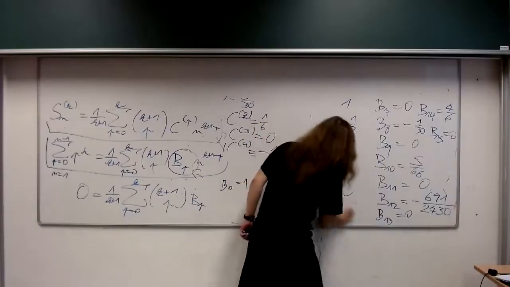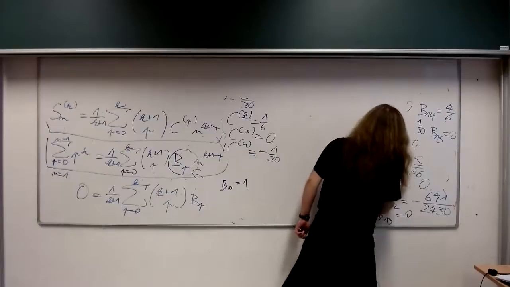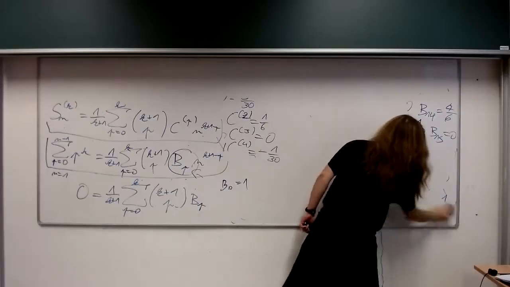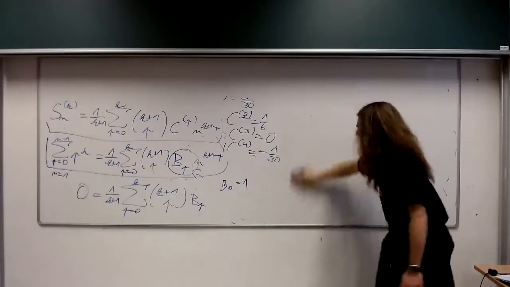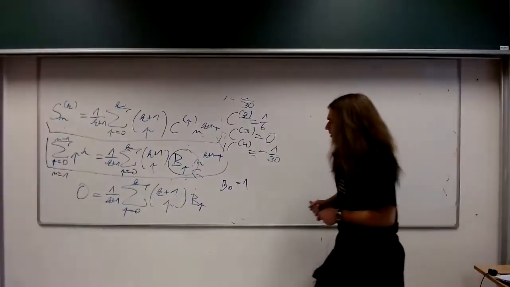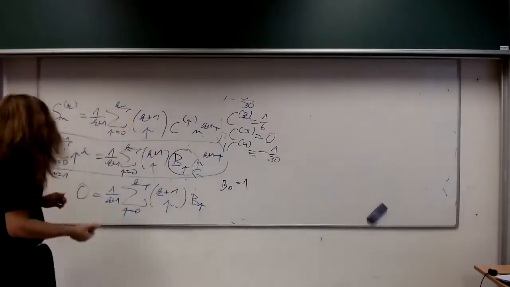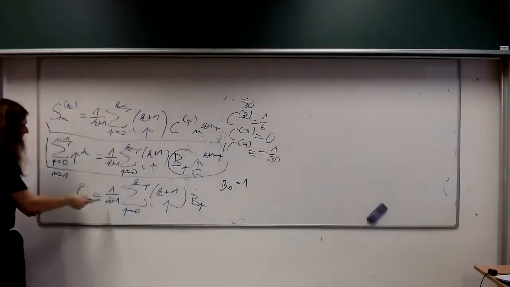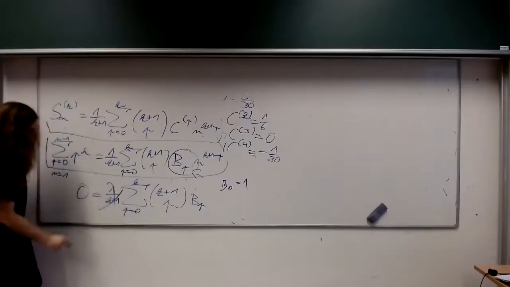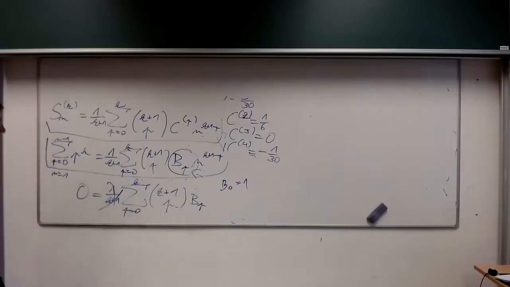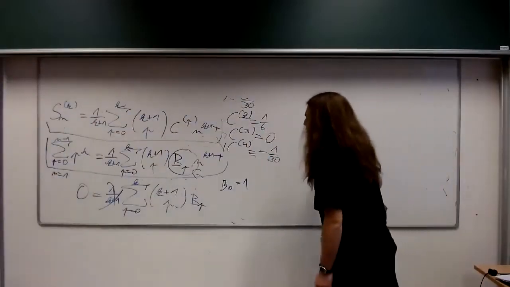Let me just wipe out those numbers. So I will just make this a little bit nicer, because we have a 0 in here. We can just ignore this fraction, and I will want to write it in a bit different way, maybe.